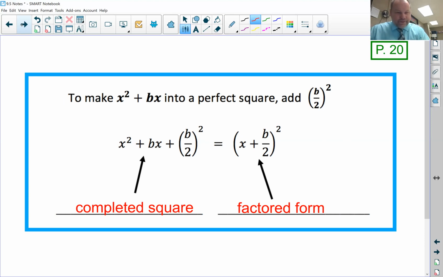And so if we add that to both sides, we would have x squared plus bx plus b divided by 2, the quantity squared. And that would be our completed square, or our perfect square trinomial. And the factored form would be x plus b divided by 2, the quantity squared.